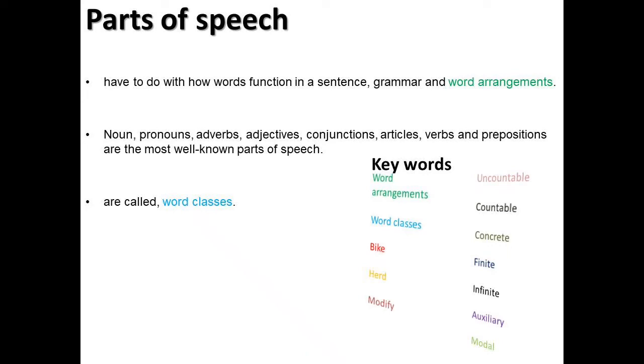What we're going to do next is discuss these well-known parts of speech in full detail.